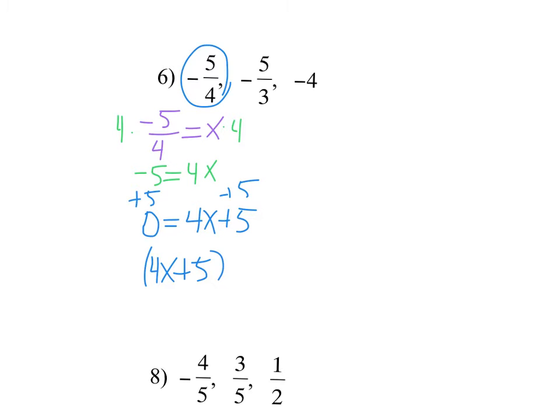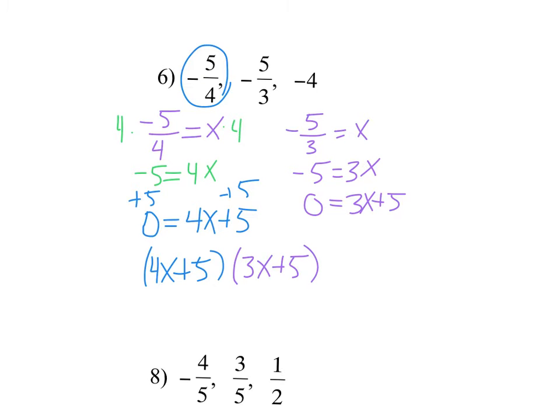I'm going to do this longer process out again just so we can see how to do that. So -5 over 3 is equal to x. If I multiply by 3, I get -5 is equal to 3x. And then if I add 5 to both sides, I get 0 is equal to 3x plus 5. And that's my factor.